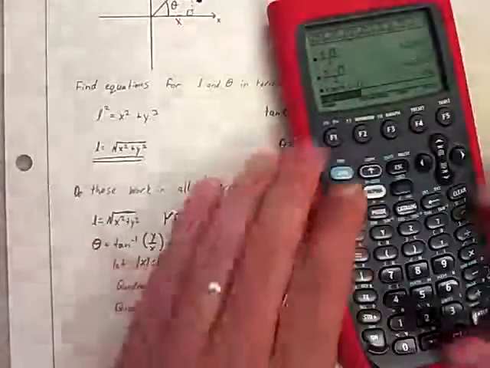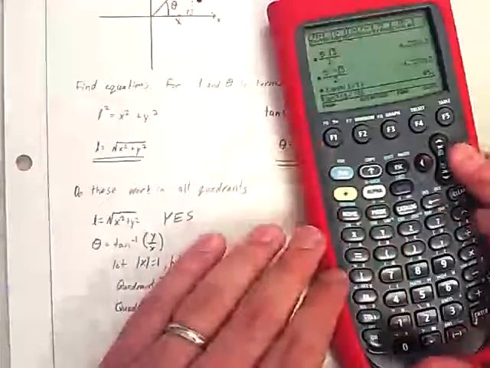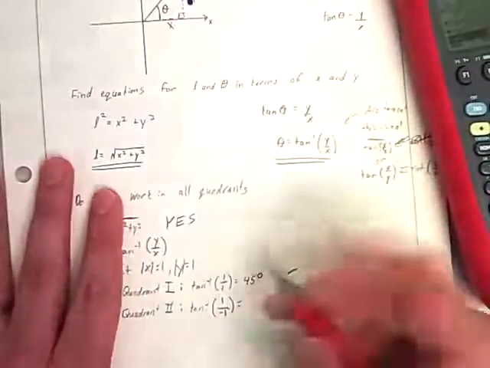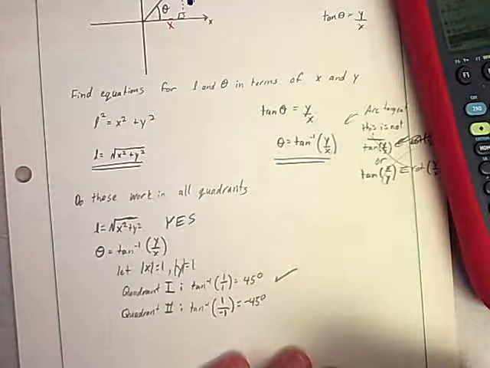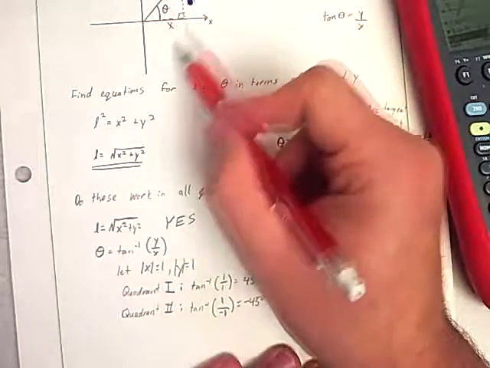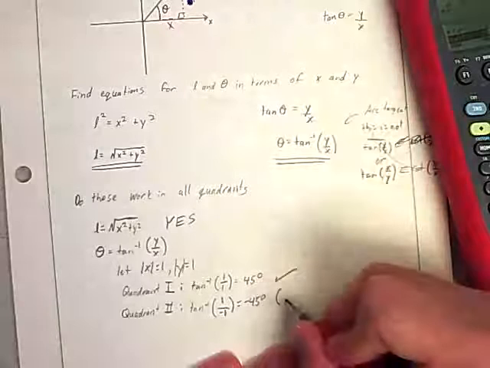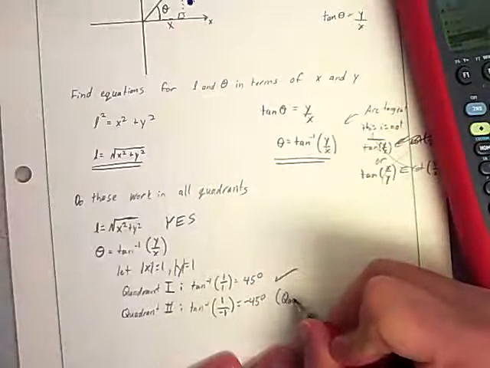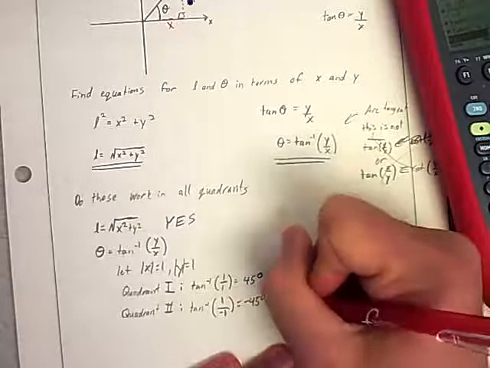And if I put tan inverse of 1 divided by negative 1, I get negative 45 degrees. Negative 45 degrees would be down here. So that's actually in quad 4. So that's bad.